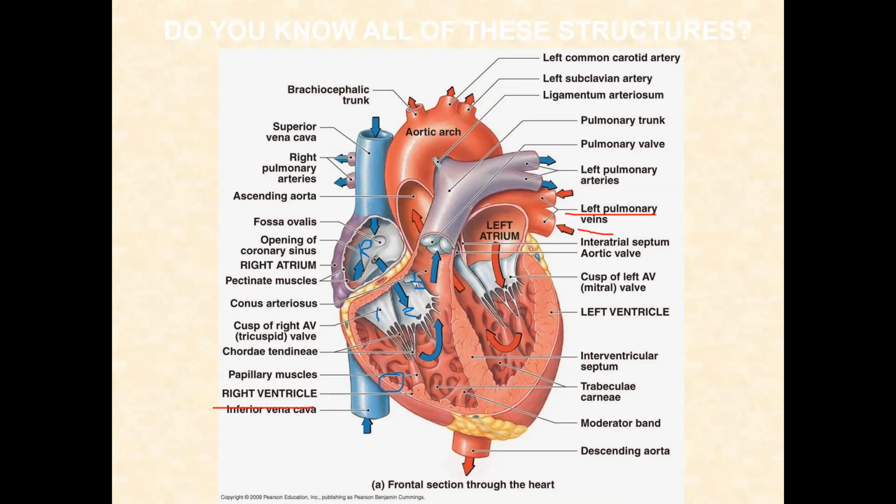A vein couldn't manage that. Therefore, you need an artery to carry that blood to the lungs from the heart because of pressure. There's too much pressure generated by the right ventricle, hence you must have an artery.